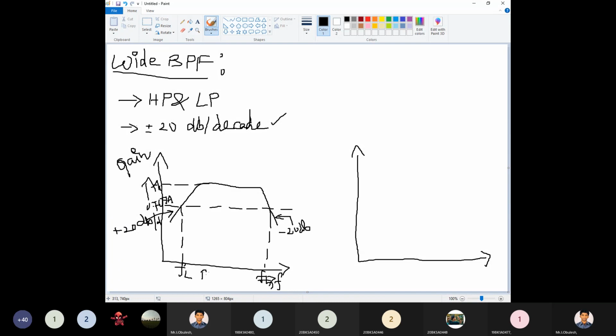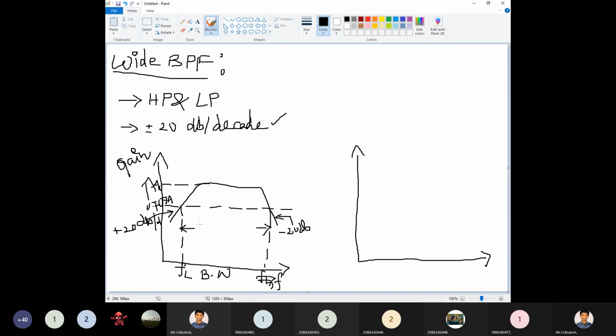So this is the bandwidth region. If we have signals between this region, then your circuit will allow the inputs.